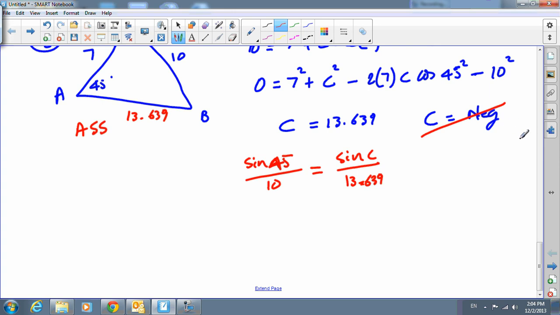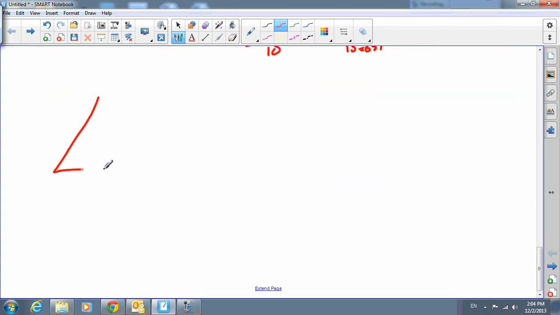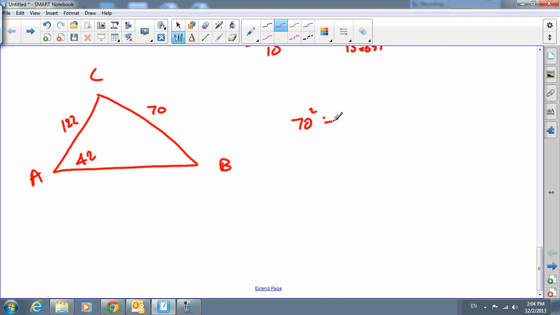Alright, one last one. Same concept with the side-side-angle again. I will give you now this triangle where I give you 122 here, and I will give you 70 here, and I'll give you 42. Let's still call it ABC. The best way to solve it is, again, start with the 70 squared, which is equal to, this one will be 122 squared. I will call this one C, and note that I have an angle and two sides.